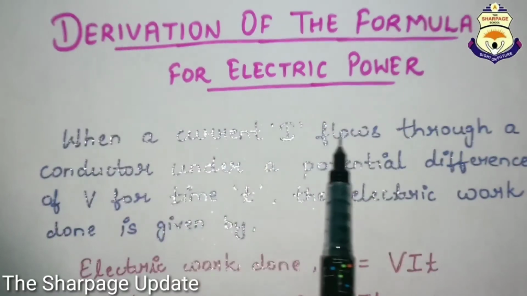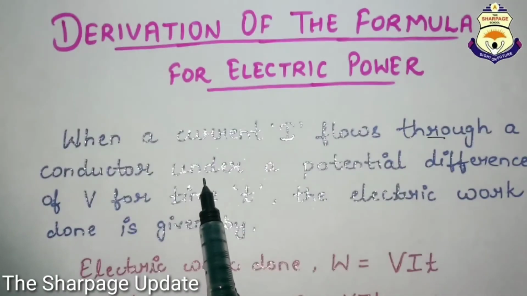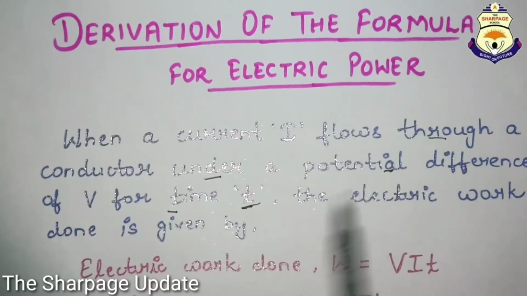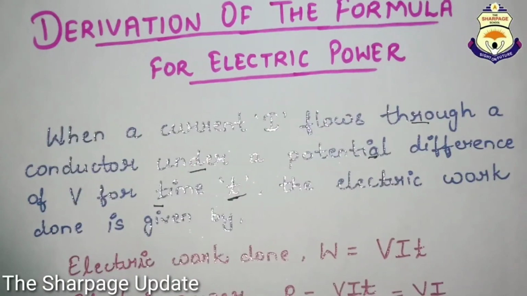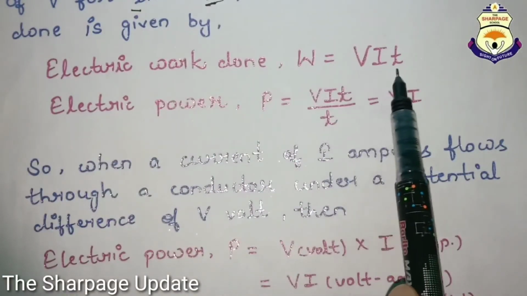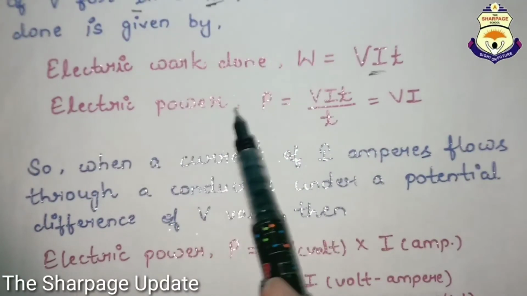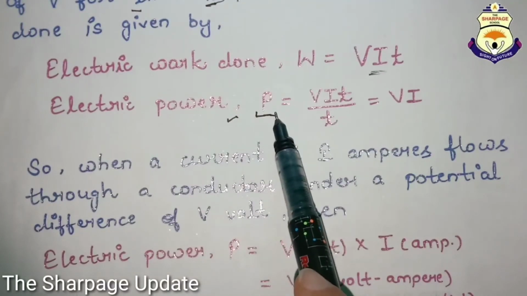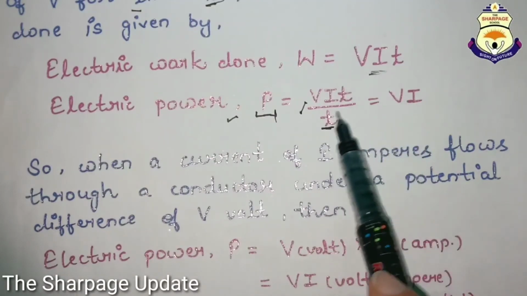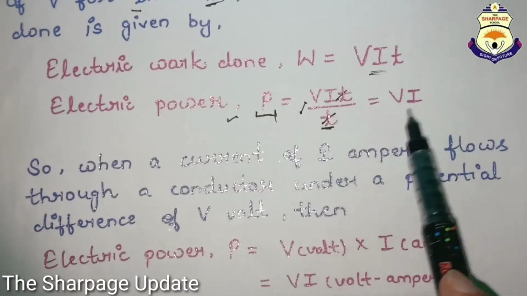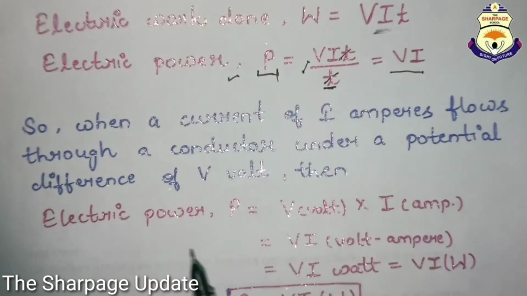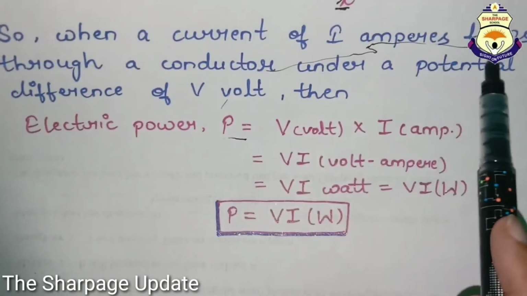When a current I flows through a conductor under a potential difference of V for time t, the electric work done will be W is equal to V into I into T. As electric power is equal to electric work done upon time taken, P is equal to VIT upon T, and after cancelling T we get P is equal to V into I, where V is the potential difference and I is the current.